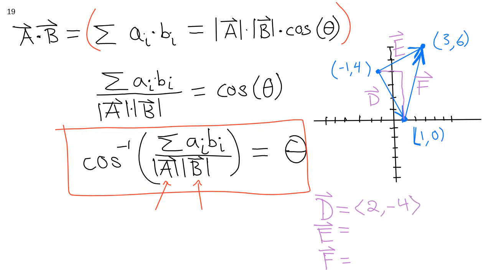What about E? What would the vector for E be? 4, +2. Yeah, E goes 1, 2, 3, 4, and then it goes up 2. So E goes 4 in the X direction, 2 in the Y direction.